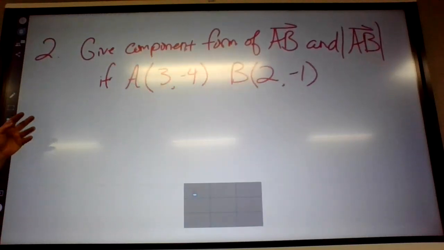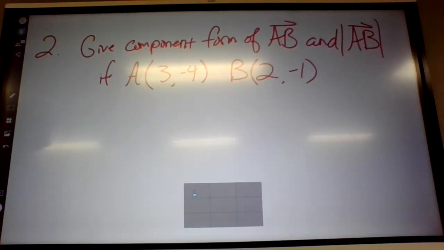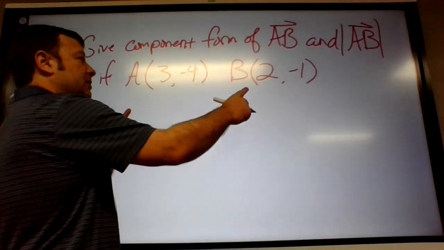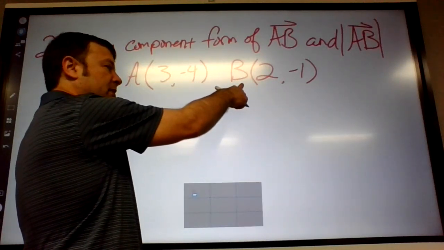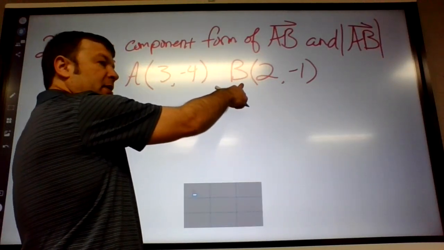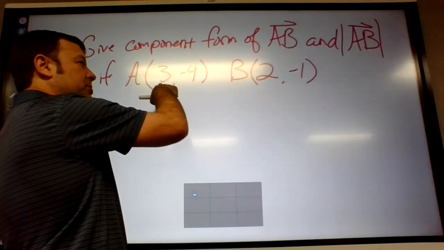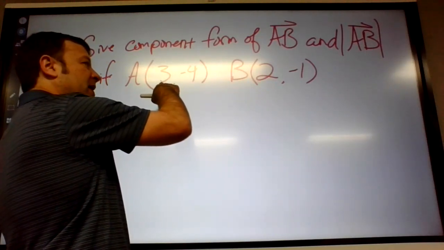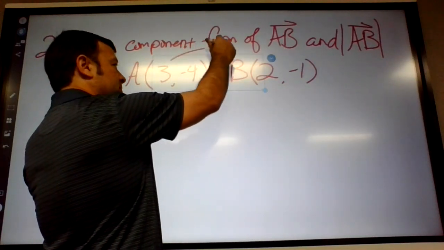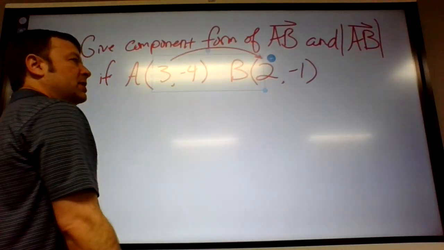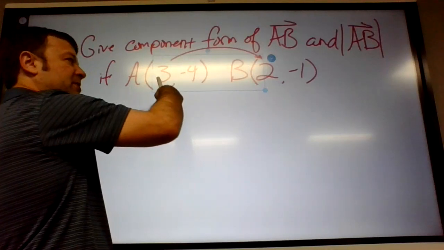Okay, what do you guys think 2 means? Find the component form of vector AB. This A and this B are points on the graph. If we're going from A to B, how far are we moving in the x direction? 2 minus 3 is -1.